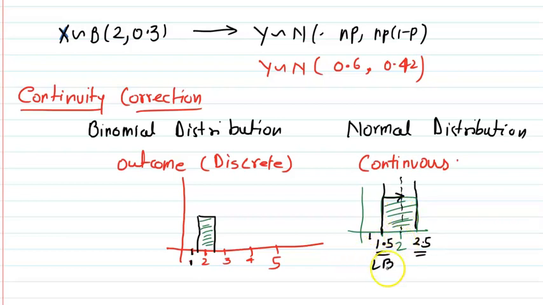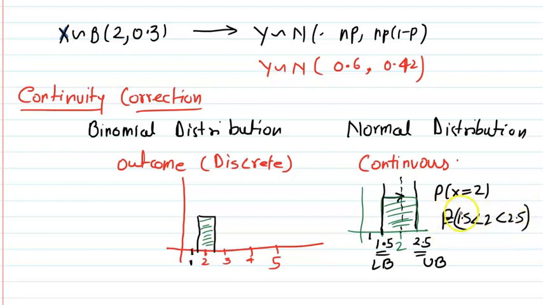This is your lower bound value of 2 and this is your upper bound value of 2. So how long is 2? Between 1.5 and 2.5. So for 2, we can write the probability P(X = 2) as 2 is between 1.5 and 2.5.